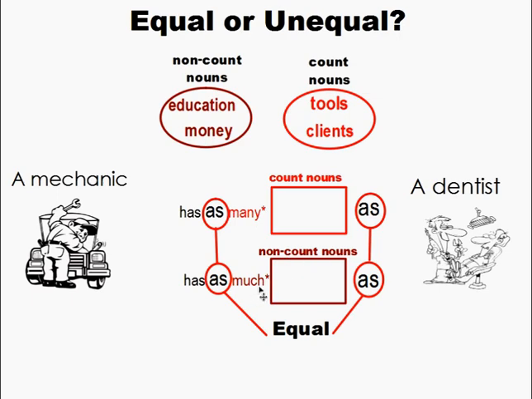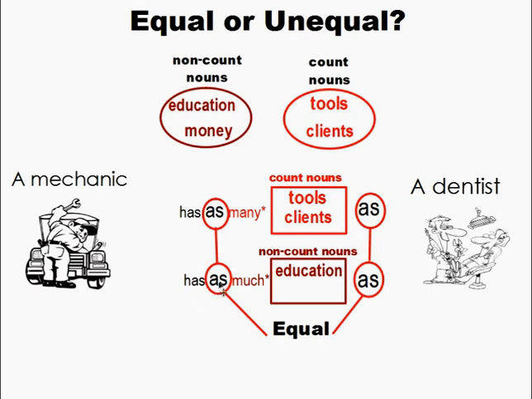So if I want to say 2 things are equal, I can say a mechanic has as many tools as a dentist. Again, many for the count noun tools. A mechanic has as many clients as a dentist, right? So this means that a mechanic and a dentist are equal in the amount of tools and the amount of clients they have, okay?